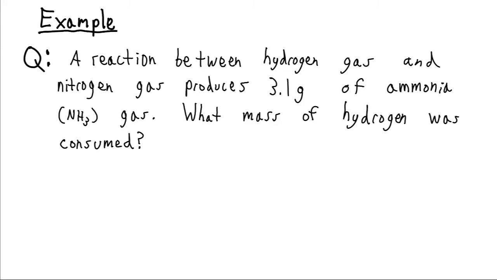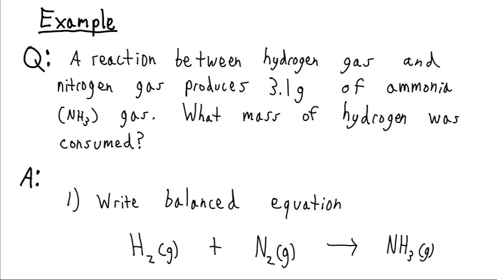Now, in order to do our stoichiometry, we are definitely going to need a balanced equation. So we know we have hydrogen, we know we have nitrogen, and we know we wind up with ammonia. Well, we have 2 atoms of nitrogen on the left, and we have 1 atom on the right. So let's go ahead and fix that by doubling the amount of ammonia we have on the right side.